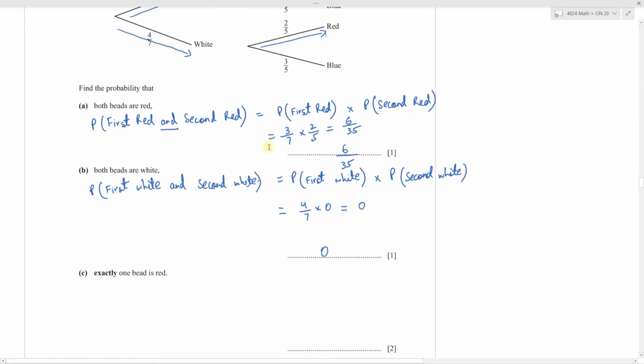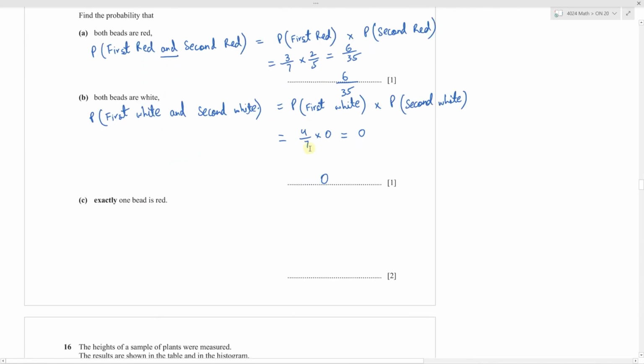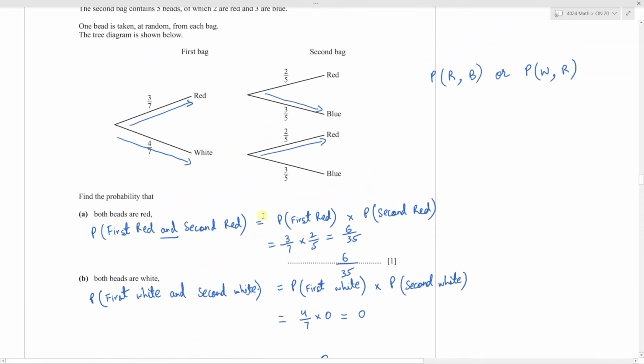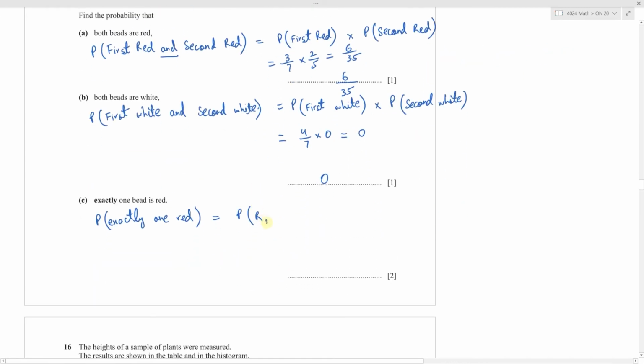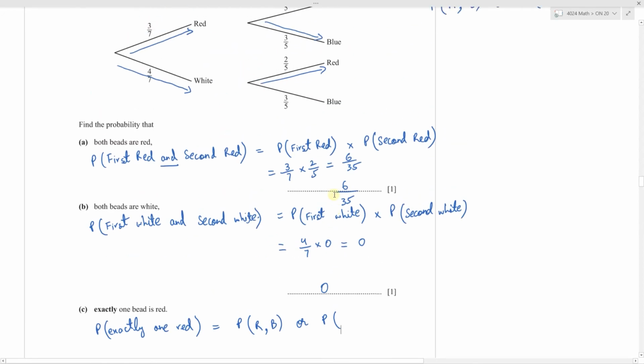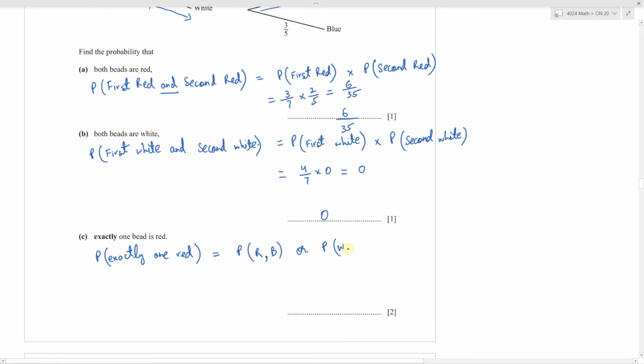So let's calculate this. Probability of exactly one red will be equal to: red and then blue, or first bag white and then second bag red.